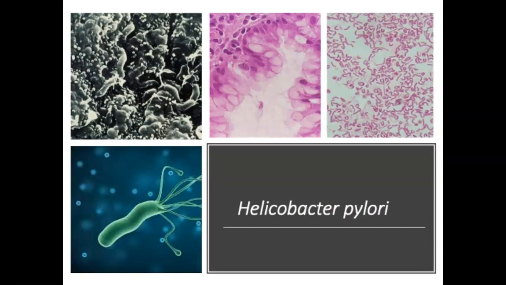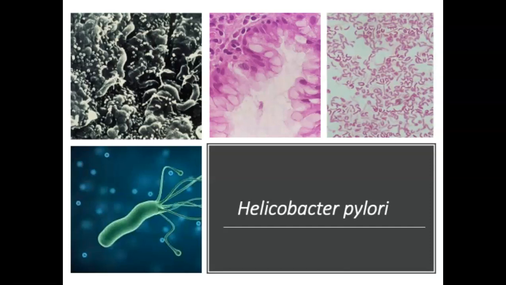I want to take a minute and talk about a bacterium that we associate with the urease test called Helicobacter pylori. Helicobacter pylori is a human pathogen that infects the gastrointestinal system.